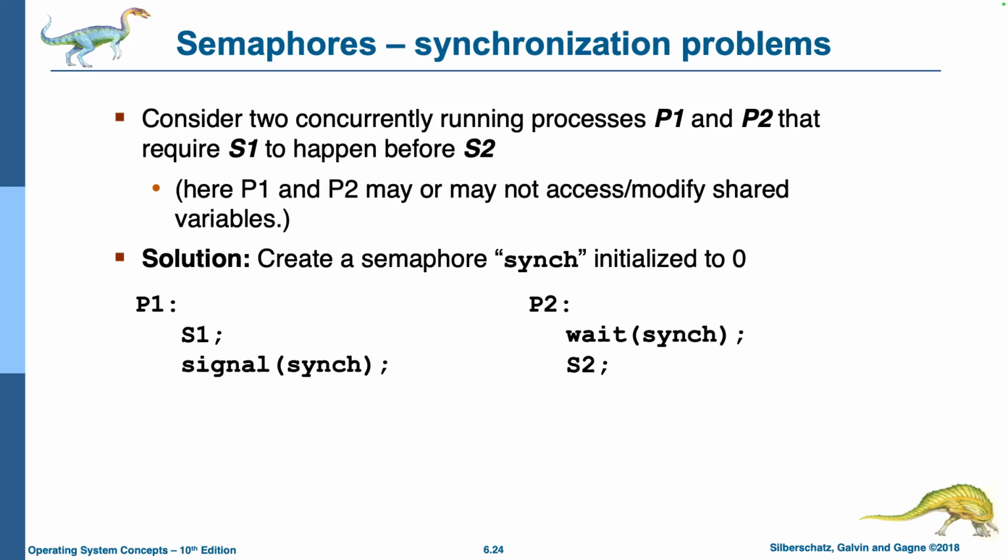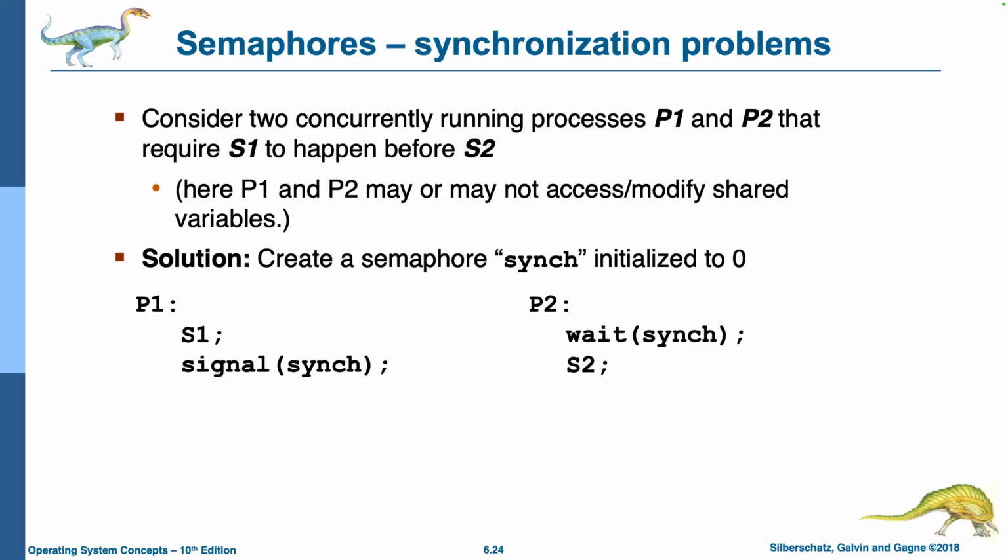P1 runs S1, but P2 here does a wait operation on the semaphore. This is initialized to 0, because 0 means no resource. So P2 is waiting because the semaphore is 0. Then P1, after running to here, does signal.